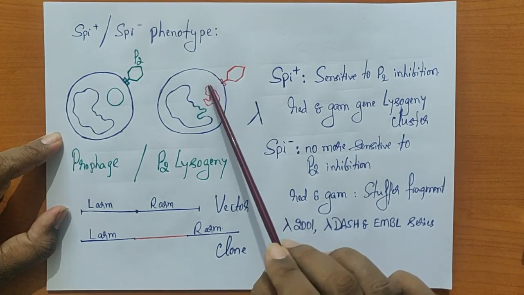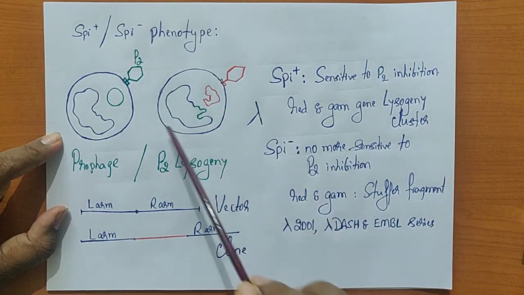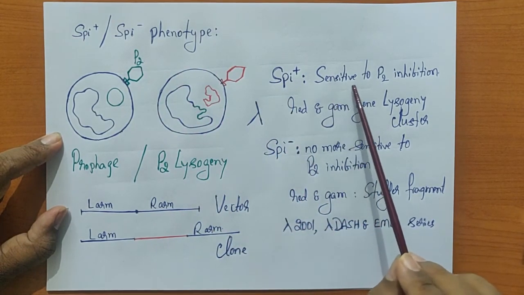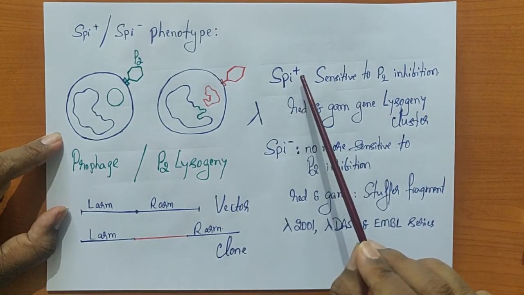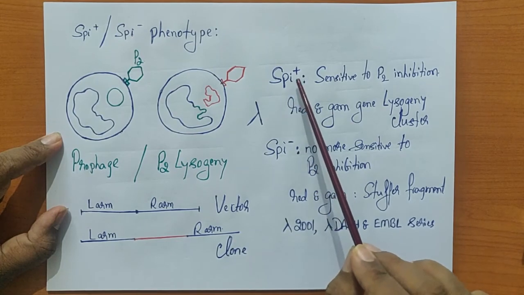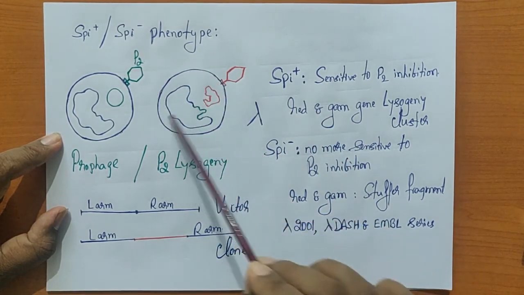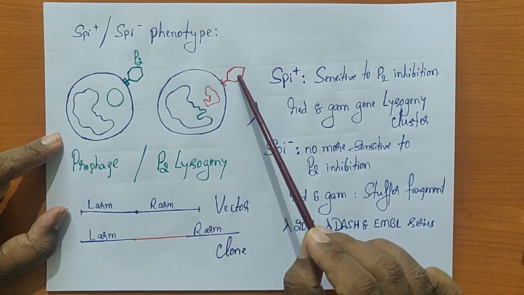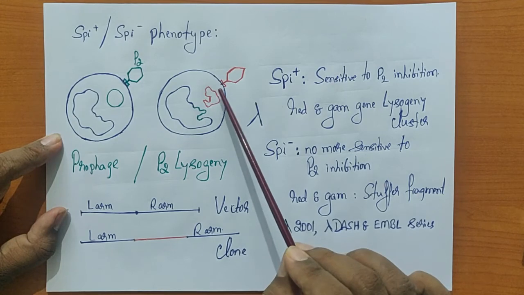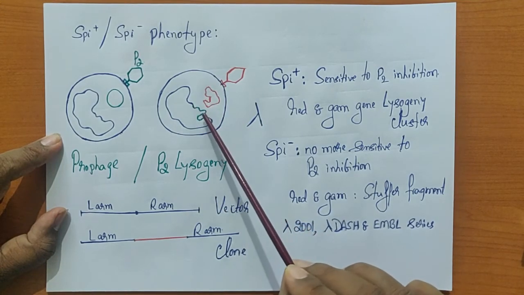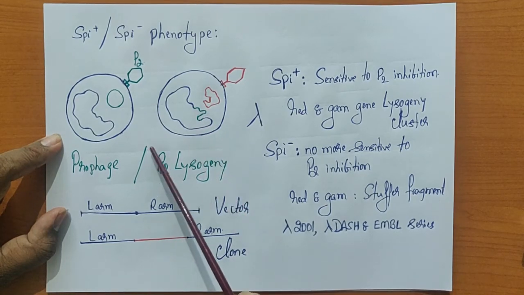It will not get into any lysogeny cycle or a lytic cycle. That condition is called sensitive to P2 inhibition, or an SPI plus phenotype. They were trying to understand why the lambda DNA is unable to carry out lysogeny or a lytic cycle in a host in which P2 bacteriophage DNA is in the lysogeny form.